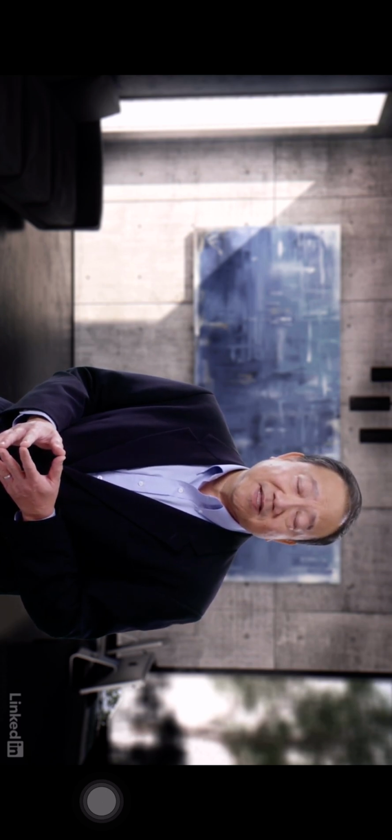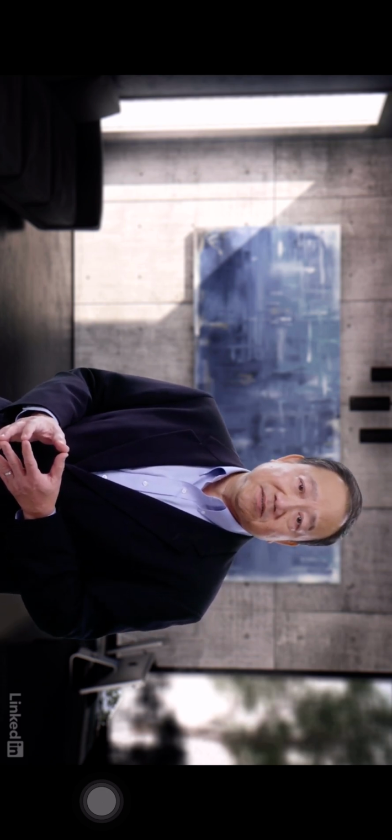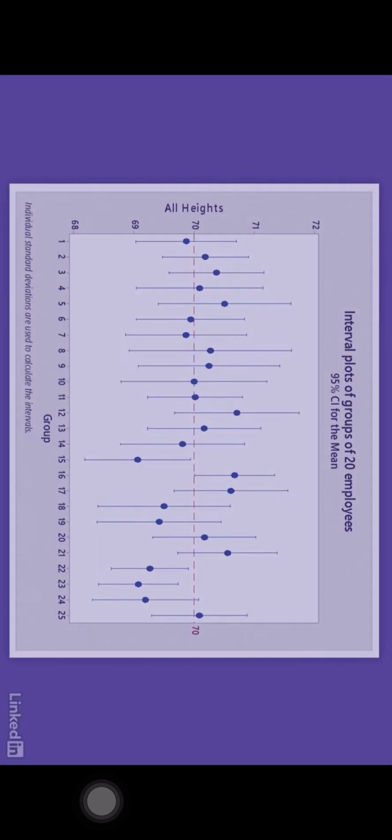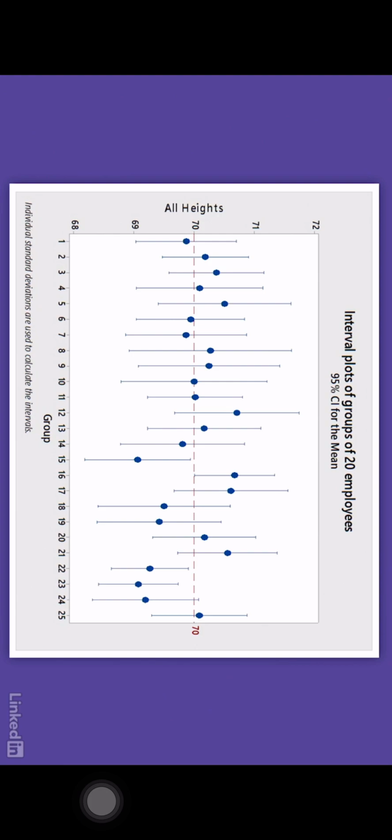Now let's say additional groups of 20 employees were measured. And for the sake of illustration, we repeated the process for 25 groups. Here's an interval plot showing the 95% confidence intervals for the population mean. The sample means are the blue dots. The true population mean is actually 70 inches, as indicated here with the red line.